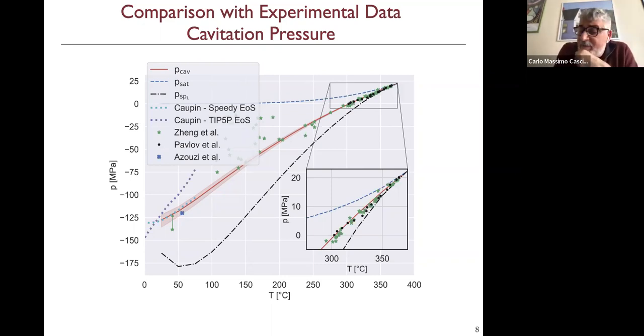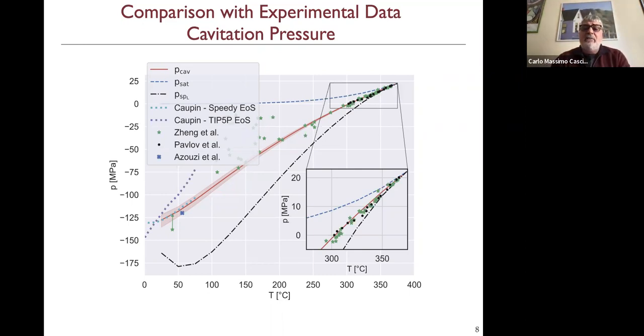This scatter is mainly due to two different causes. One of them is that there are technical difficulties with certain kinds of experiments which make the data rather scattered. The other one is that bubble nucleation is intrinsically a stochastic process. So unless you are able to acquire sufficiently large statistics about the nucleation process, of course, there is significant scatter in the data.